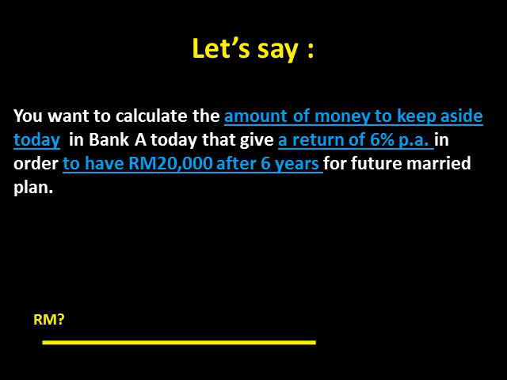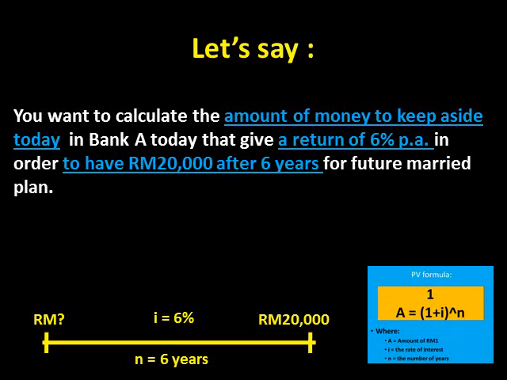How much do you need to keep today in order to get 20,000, with I at 6% and for a period of 6 years? We recap the formula: 1 over A, or 1 over (1 plus I) power of n. This is the way to calculate.